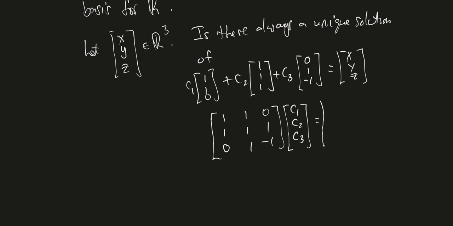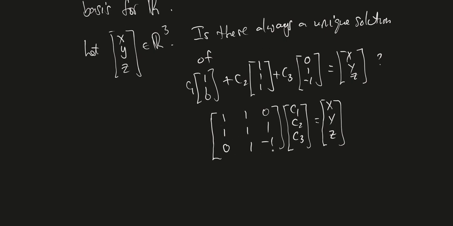This is our b, and these aren't set constants. These are any ordered triples x, y, z. And we want to know, does this system always have a unique solution?